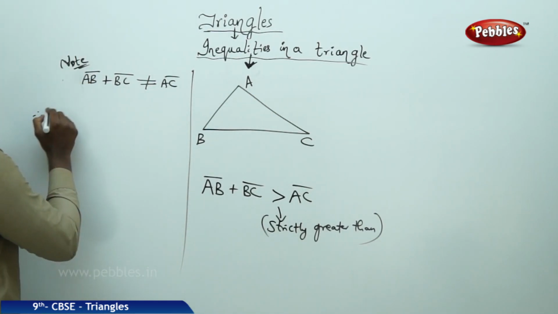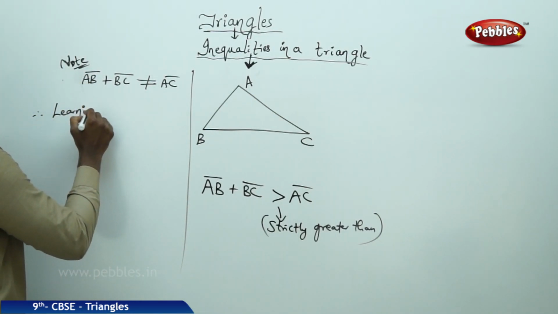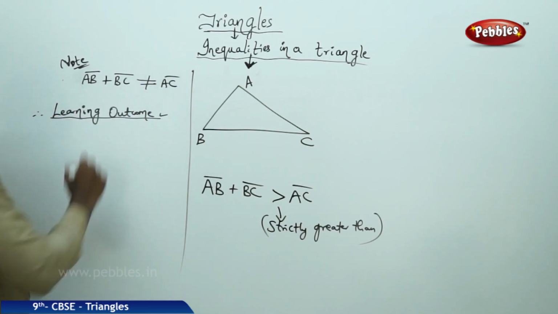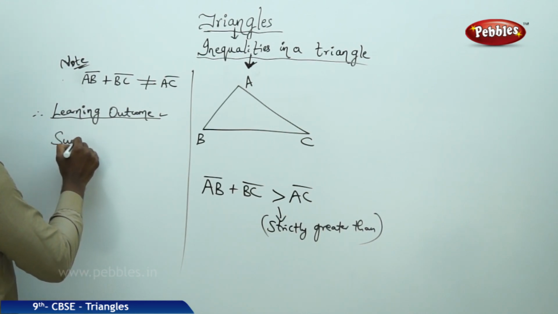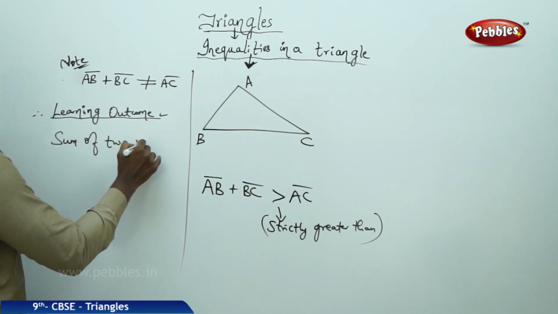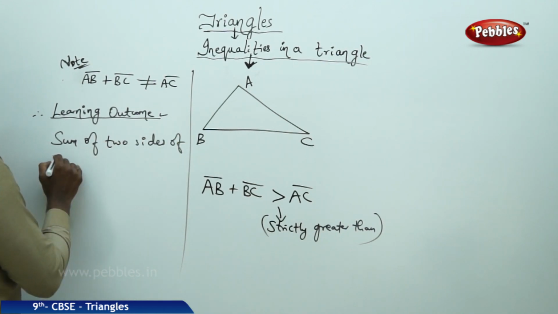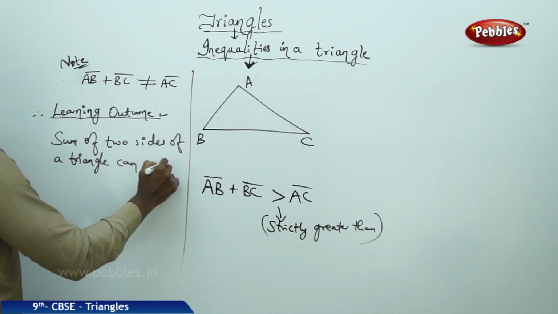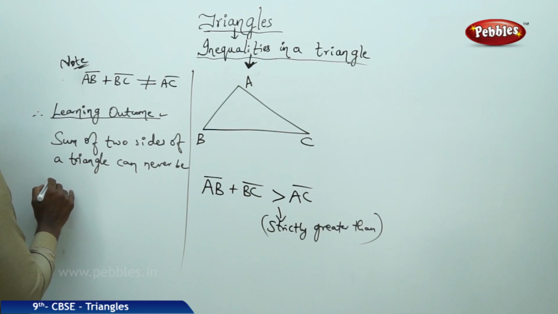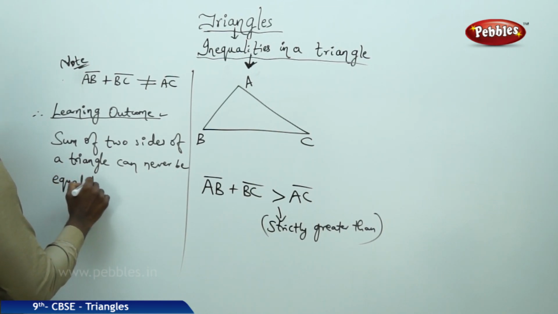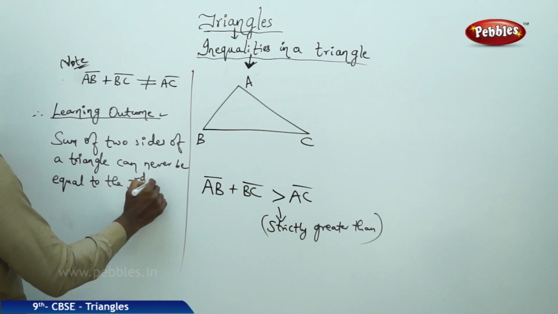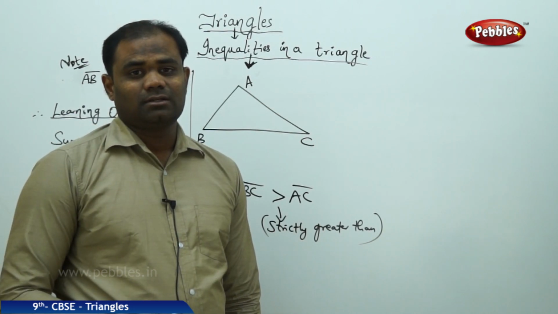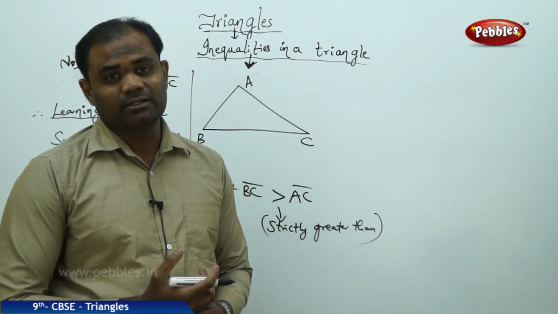Therefore, my learning outcome here is that the sum of two sides of a triangle can never be equal to the third side, because in that case it cannot form a closed three-sided triangle.